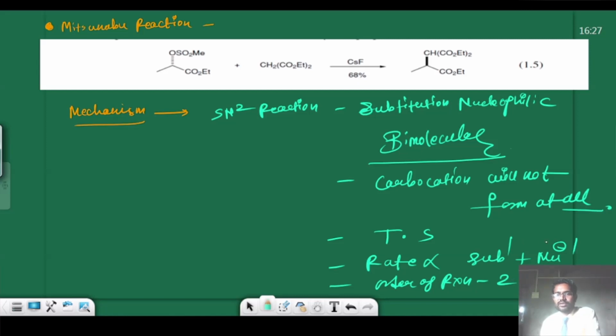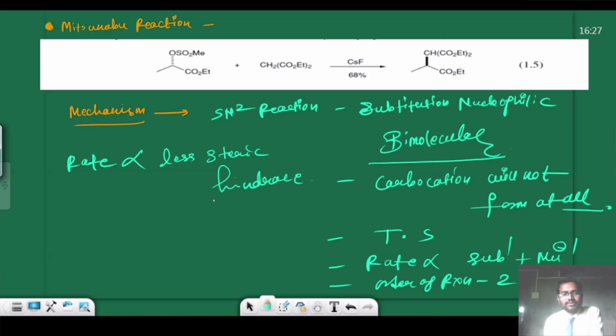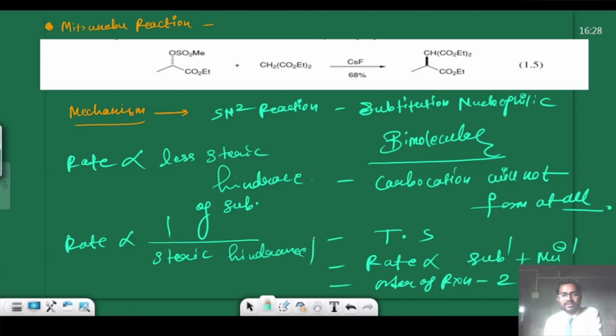The rate is directly proportional to less steric hindrance of the substrate, and inversely proportional to the steric hindrance. As the steric hindrance increases, the rate of the reaction decreases.